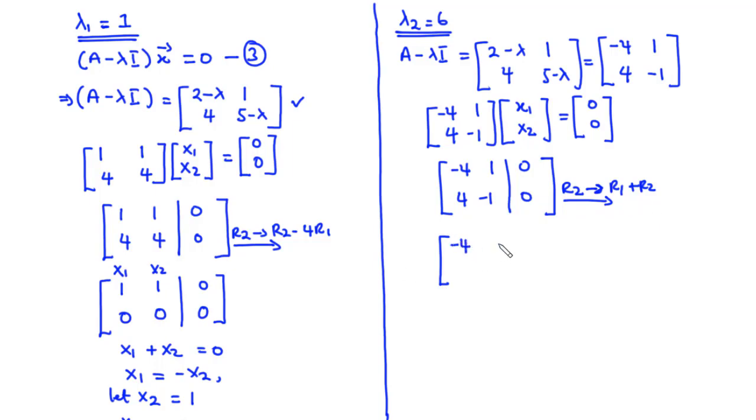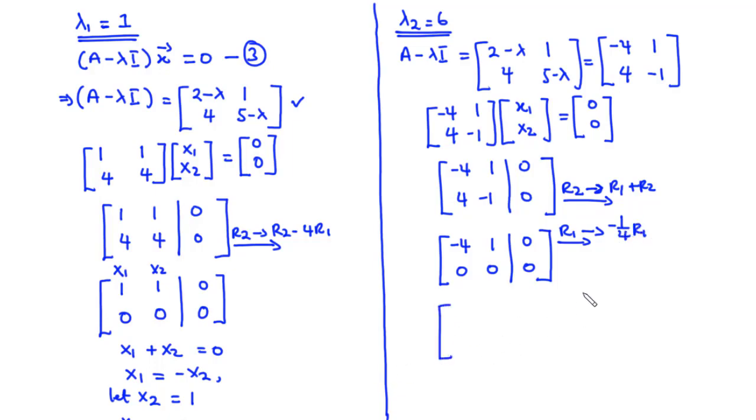Elements in row 1 remain the same, and then we apply changes to elements in row 2. So we have negative 4 plus 4, that is 0, and then 1 plus negative 1 is also 0. 0 plus 0 is also 0. Now we can choose to multiply row 1 by negative 1 over 4. So we have negative 1 over 4 times R1.